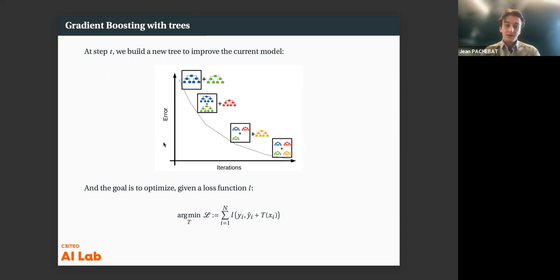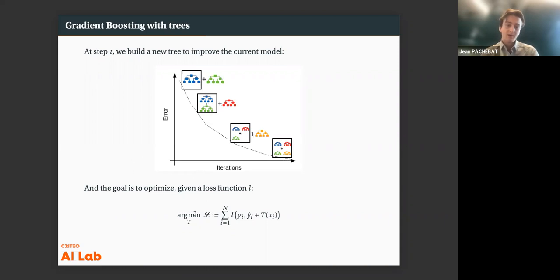At each iteration, we add a new tree in order to improve the model from the last iteration. The model being used is a sum of all the trees built until step T.